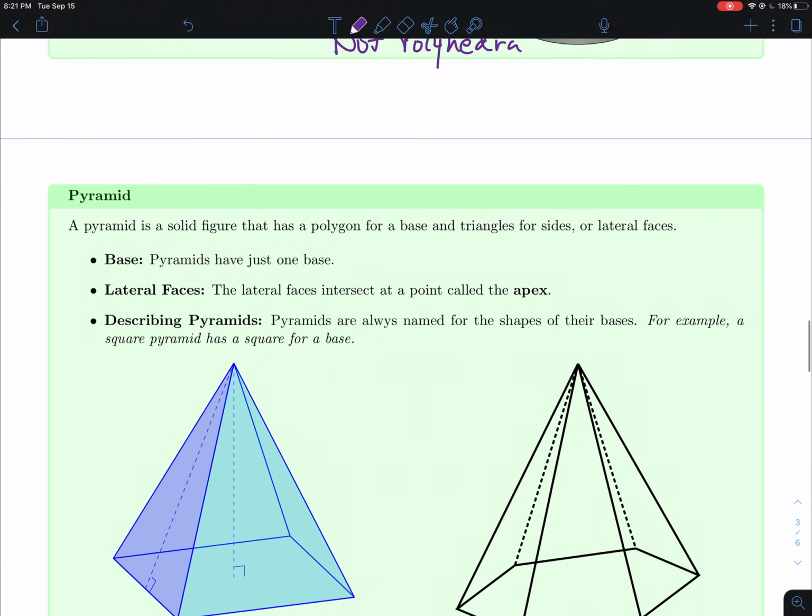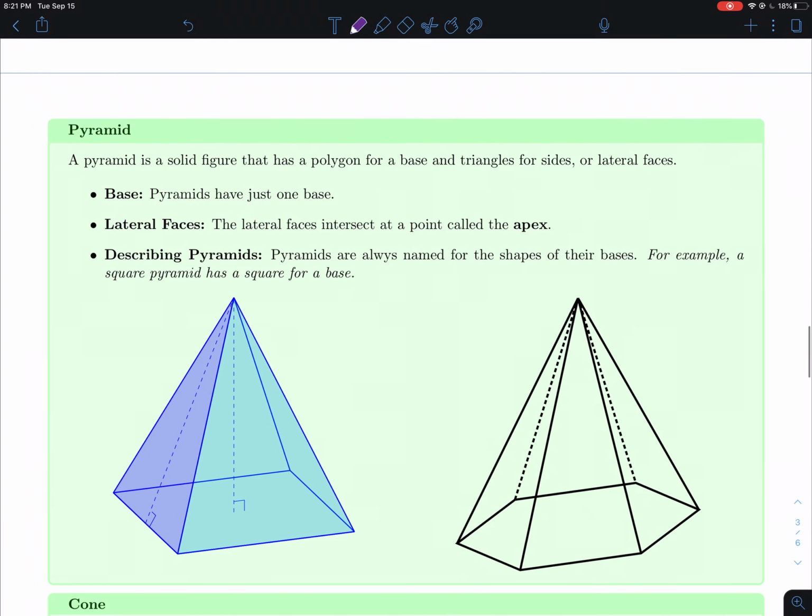All right, so pyramids are similar to a prism, but instead of having 2 bases, it's just going to have a single base, and then it meets at a point at the very top, which is actually what's called the apex of the pyramid. So these points where those lateral faces join is what's called the apex.